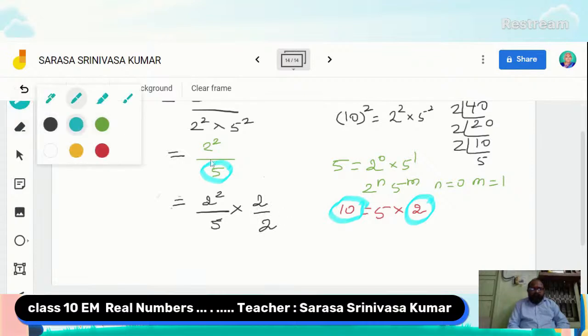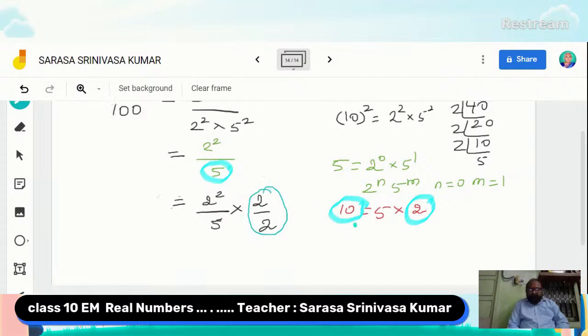Why should we consider 2 by 2? Because we want to get 10 in the denominator. This is equal to 8 by 10, that equal to 0.8.